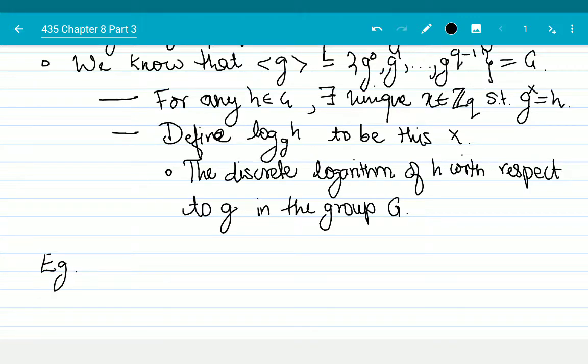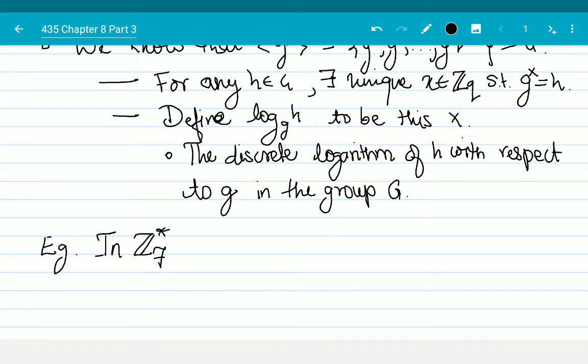Let me just give you a small example that we saw before in Z_11 star. Let me take a smaller example this time, a different example. Z_7 star. What is log_2 of 6?